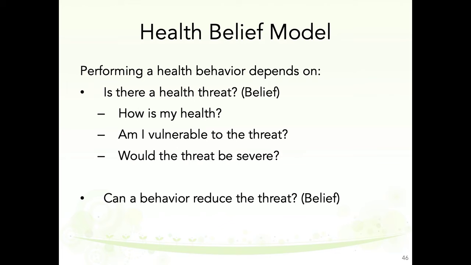Contrast that with how people think about something like a coronavirus pandemic, and people feel much more vulnerable and they perceive severity of the threat, even if the base rate of the danger is actually not very comparable. So, beliefs are important is my point. Not which one you should believe is dangerous, but I'm just saying beliefs are important, and this is how they're represented in this model. The second key belief is whether a behavior can reduce the threat.